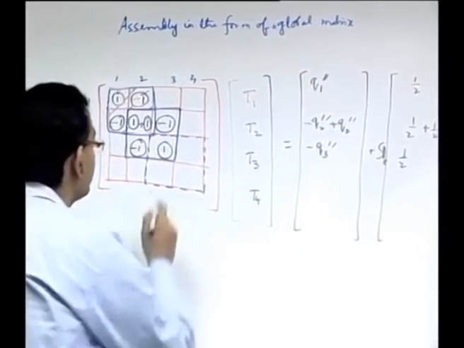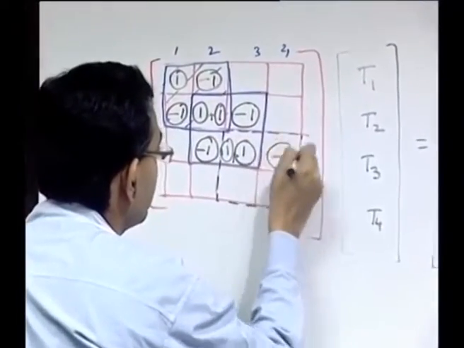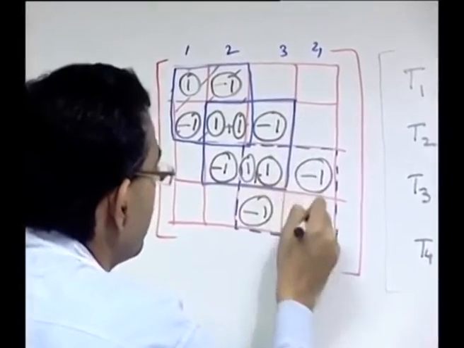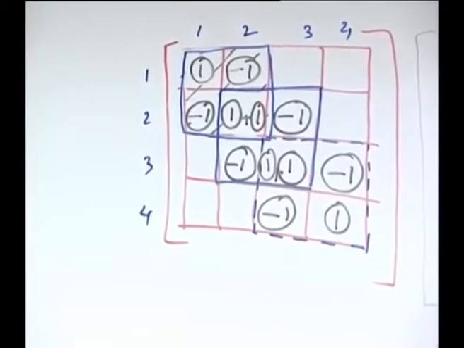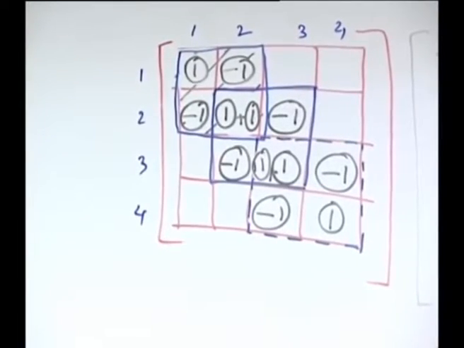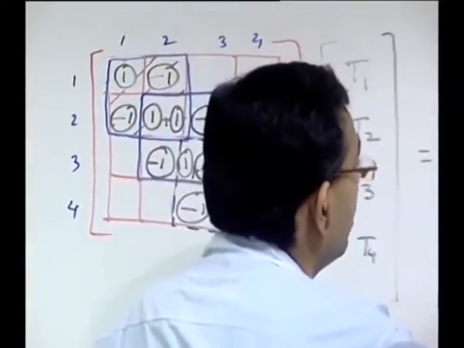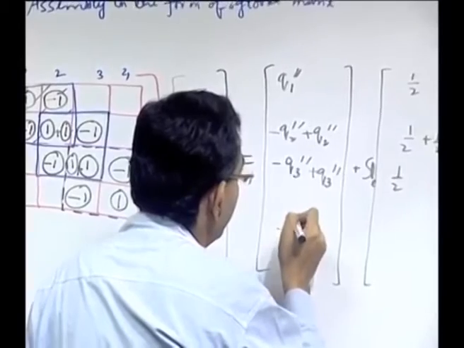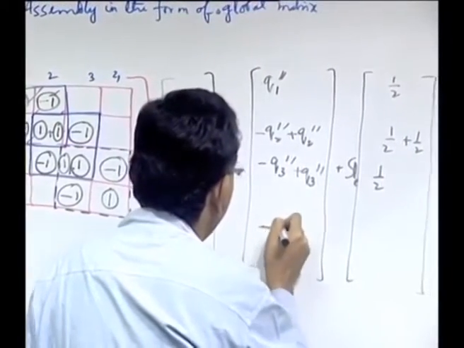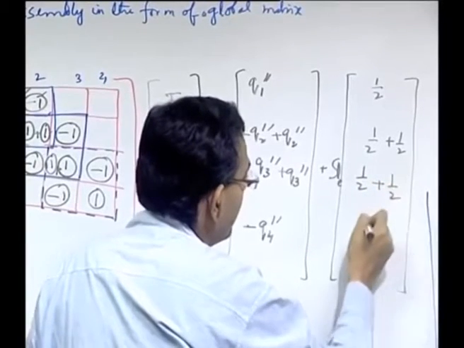So, 1 minus 1 minus 1 1. Here plus q3 and minus q4, plus half and half.